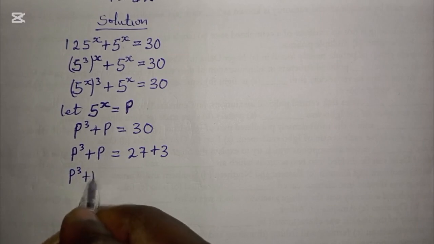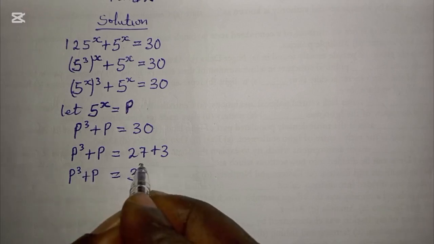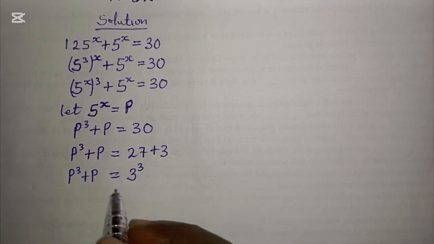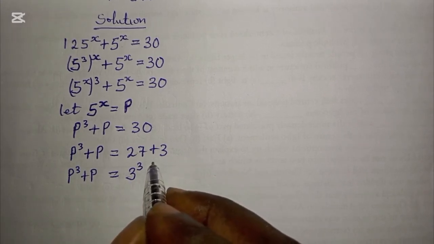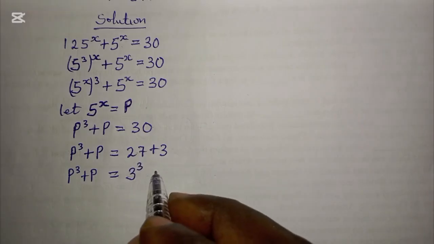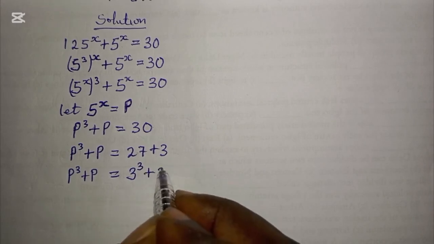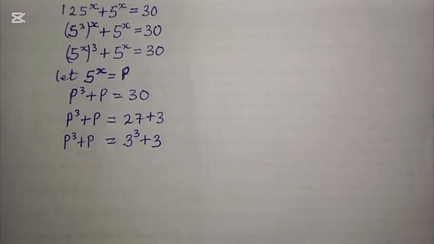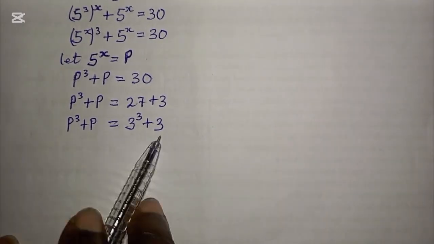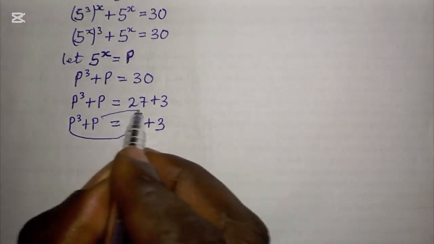So p raised to the power of 3 plus p equals 3 raised to the power of 3 plus 3, because 3 raised to the power of 3 will give us 27. Now if you compare both sides, the right side and the left side, let's compare the two.